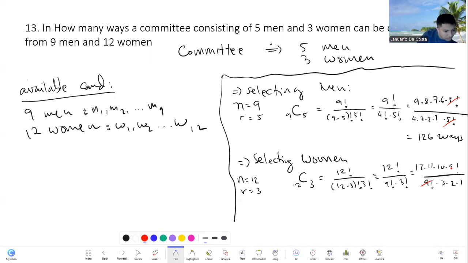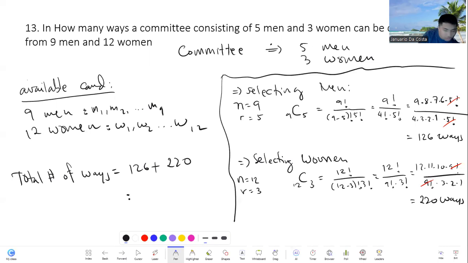You just cancel the 9 factorial, and you get 220 ways. So the total number of ways is simply to add them up: 126 plus 220, so you get 346 possible ways.